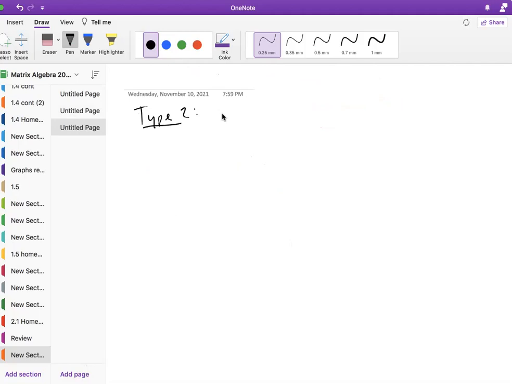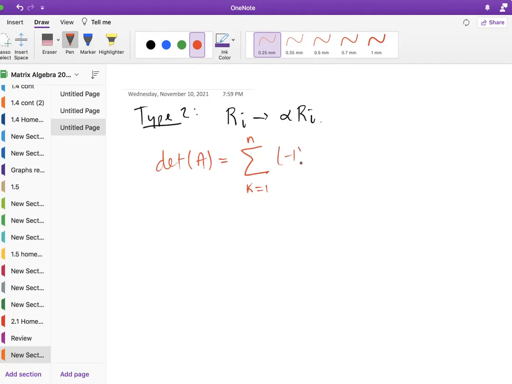So let's do type 2s. What is a type 2? Let's do row I to alpha row I, and let's take the determinant. First of all, let's look at the determinant of A, which is equal to, so our determinant formula is sum over K equals 1 to N. Why don't we do our cofactor expansion on row I?